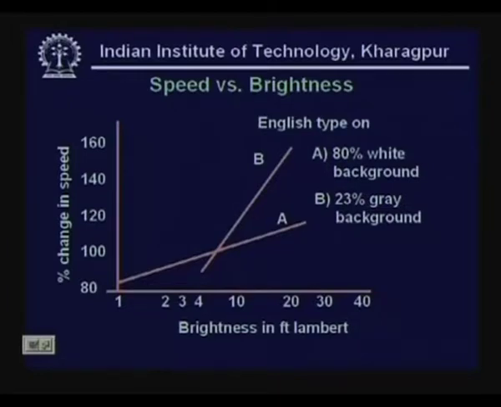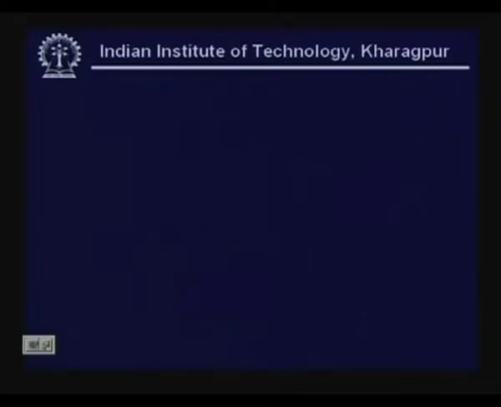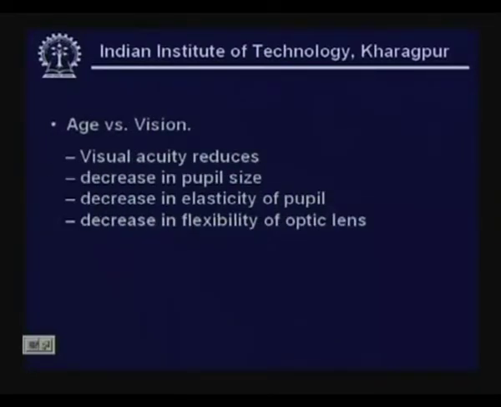We have around 100. If it is 100% at 10 foot lamberts, it comes to close to 160 at 20 foot lamberts. Lastly, one has to look at the thing that age has its own impact on the visual acuity. With increasing age, vision reduces.